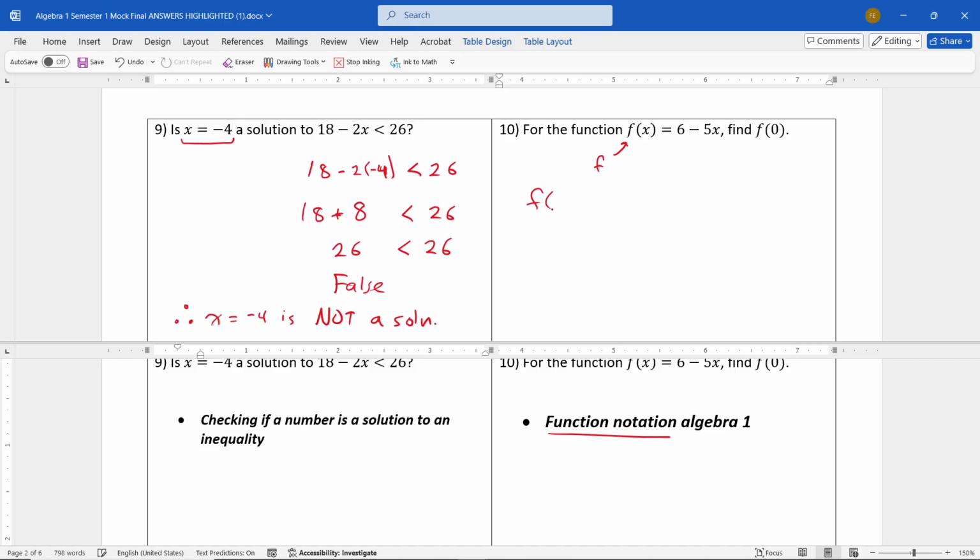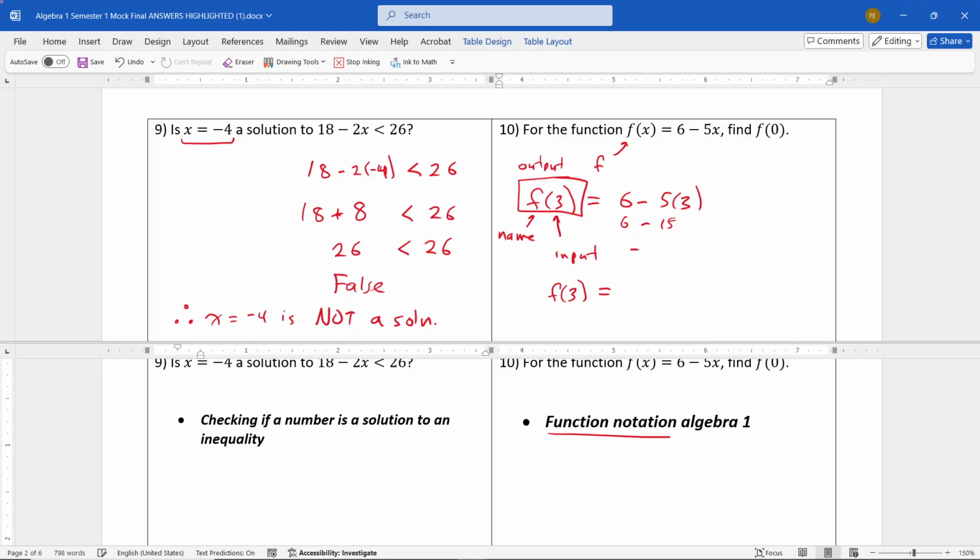So if I input, let's say, 3 into function f, I would have 6 minus 5 times 3. So this part represents the input, and this is the equation name. That's the name of the function. And this entire thing gives you the output. So in this case, if I input 3, then the output is 6 minus 15.